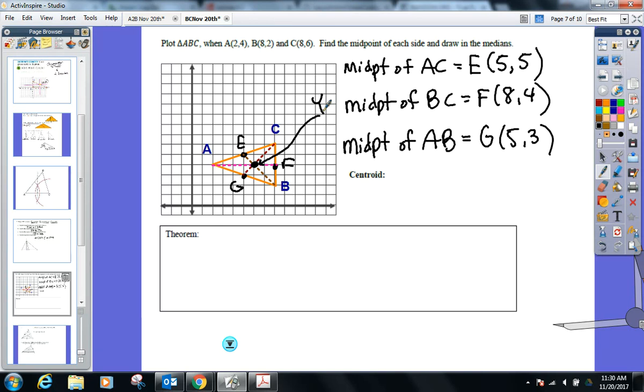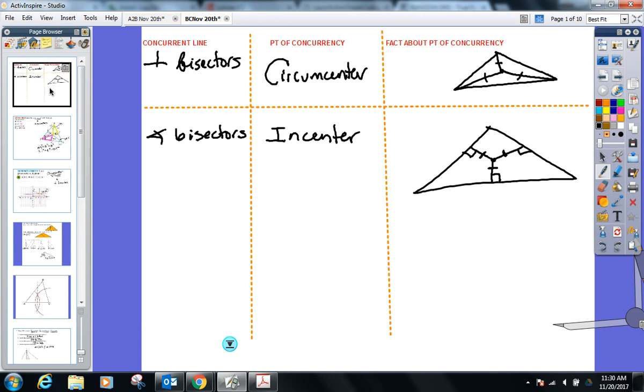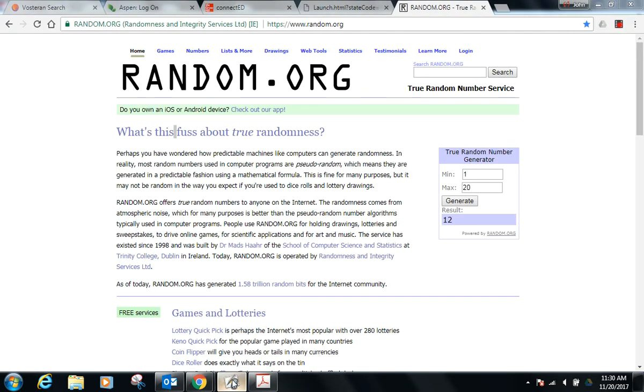All right, so if I go back to where we started today, we just found out what? What else are also concurrent? Perpendicular bisectors, angle bisectors, and now you just found out the what? Medians, yep, are concurrent at a place now, and it's already there, so I'm not giving anything away.